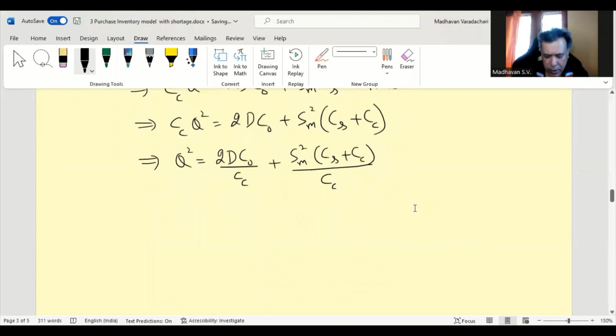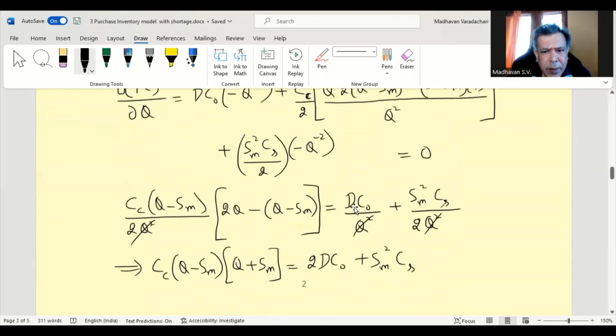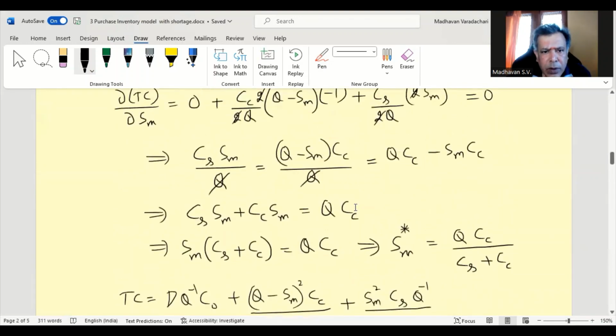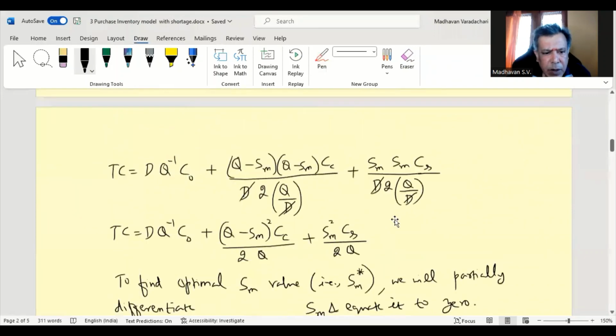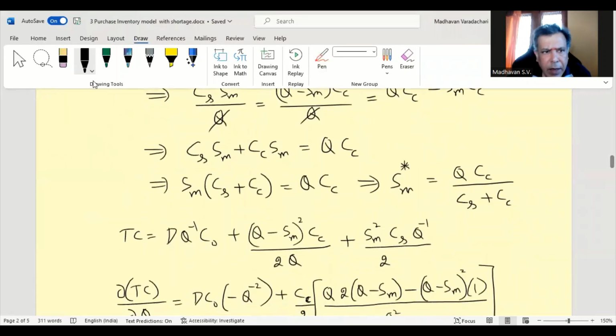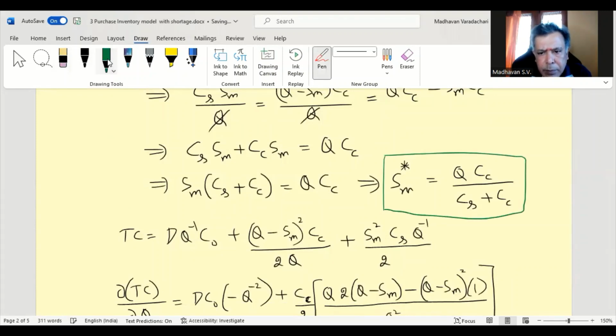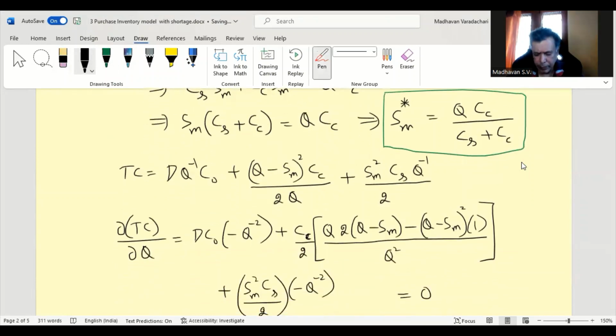Sm square, we already evaluated Sm somewhere here. Sorry, where is that? Yeah, here it is. So we will use that here.